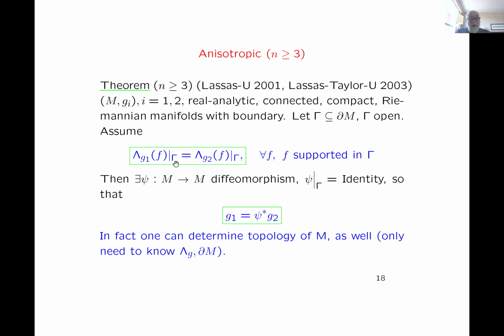This is even a local result: you measure on part of the boundary, f is supported on part of the boundary. Then it's true that the metric is the pullback of the other. So metrics pull back and conductivity is pushed forward, the inverse. So one can completely solve the problem in dimension 3 or higher in the real analytic case.